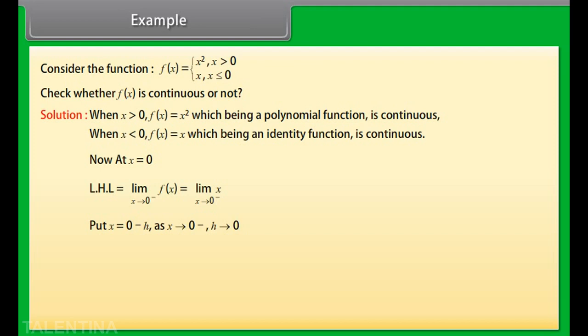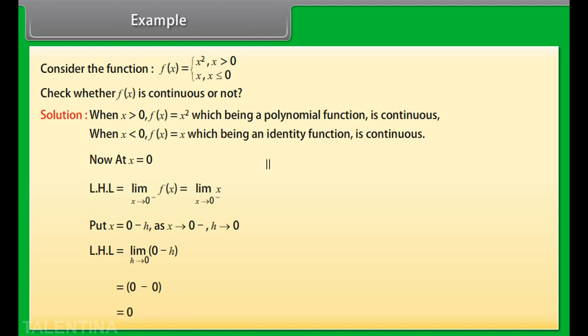Put x is equal to 0 minus h, as x approaches 0 minus, h approaches 0. Left-hand limit is equal to limit h approaches 0 of 0 minus h, is equal to 0 minus 0, is equal to 0.